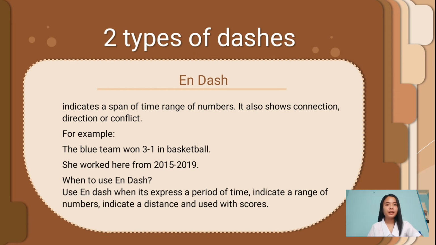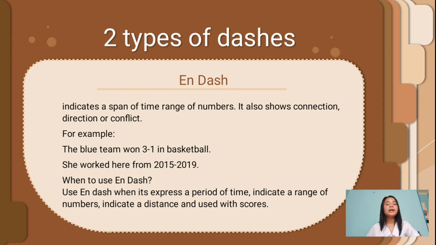So N dash indicates a span of time or range of numbers. It also shows connection, direction, or conflict. So N dash is longer than a hyphen but shorter than an M dash. It is less commonly used than the hyphen or the M dash.